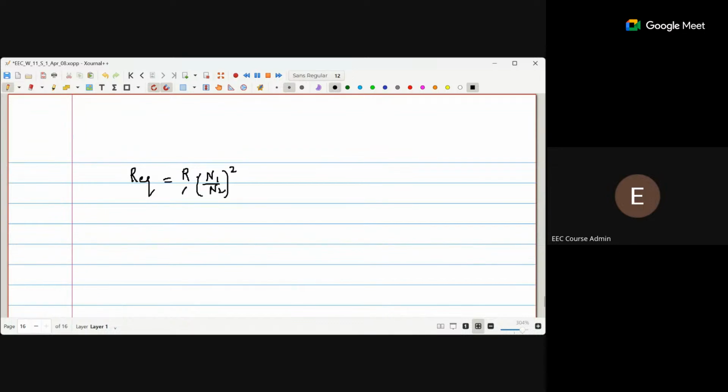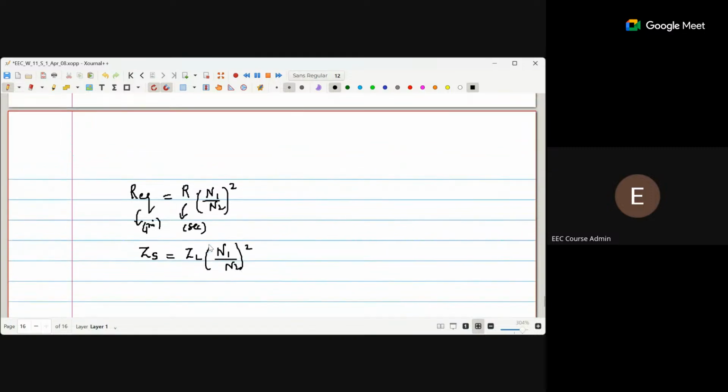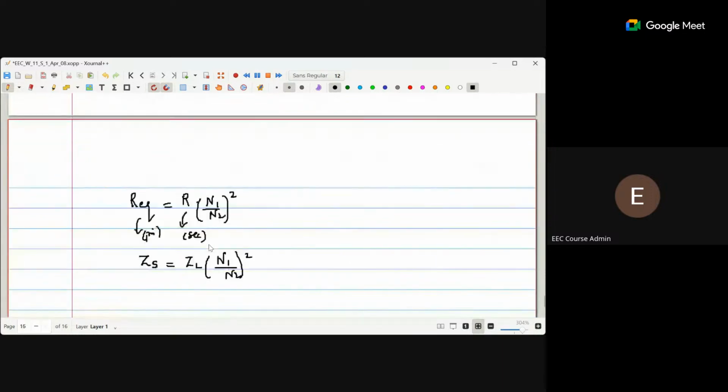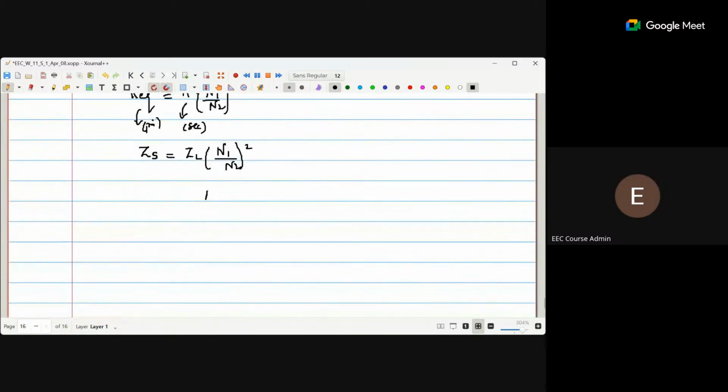This is the secondary, this is the primary. So here source ZS equals ZL into n1 by n2 the whole square. Here the turns ratio is n is to 1. That means n1 by n2 is n is to 1.